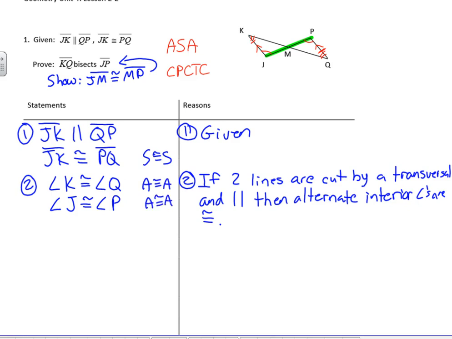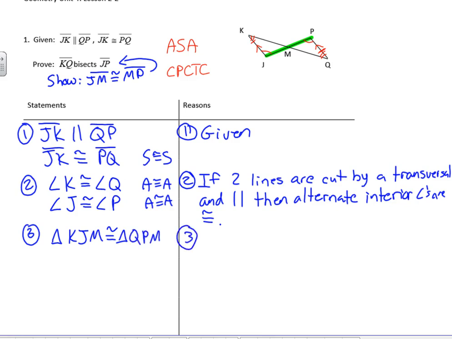And again, in terms of the reason, now I can say triangle, let's call the first one triangle KJM. If we did triangle KJM, the next one has to be triangle QPM in order to get the corresponding parts.